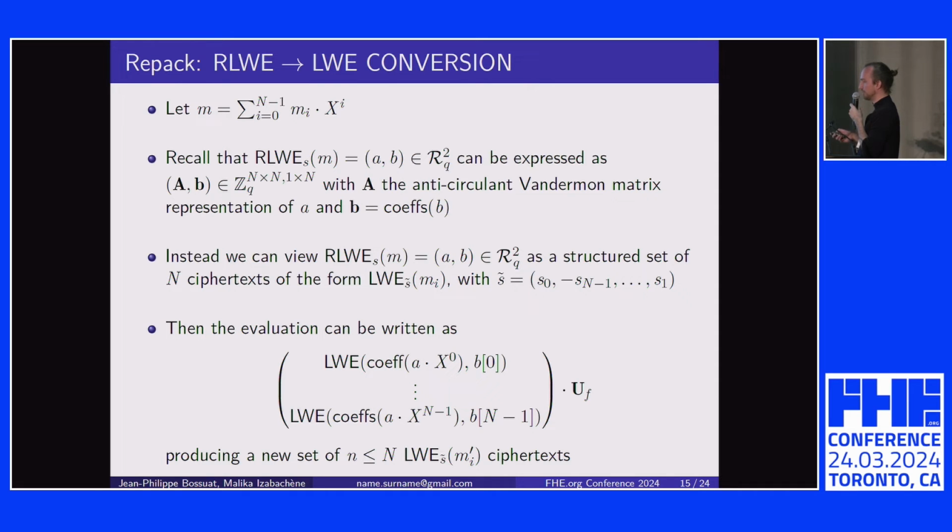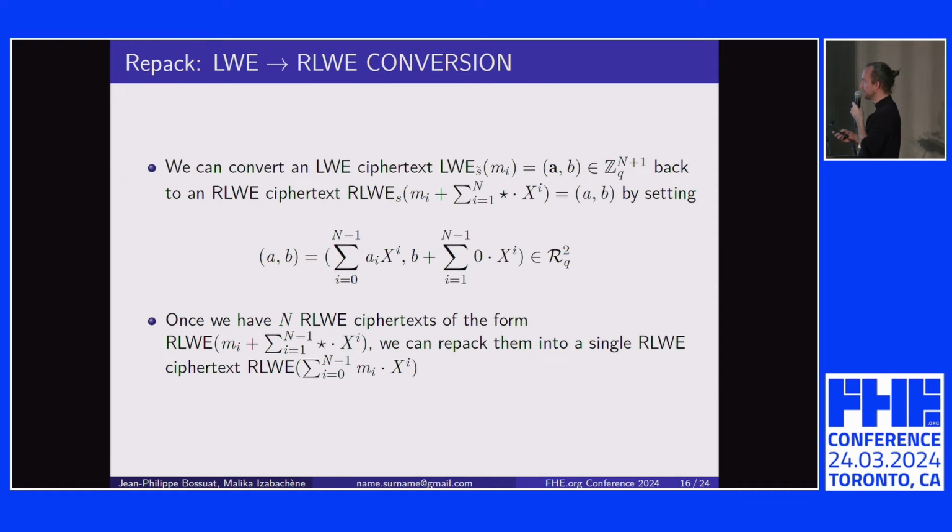And this is what enables us to repack them into a single reduced ciphertext, because now we don't have to do this key switching format to get back a valid ciphertext. So we can just use the usual ring packing to get back into a reduced ciphertext.